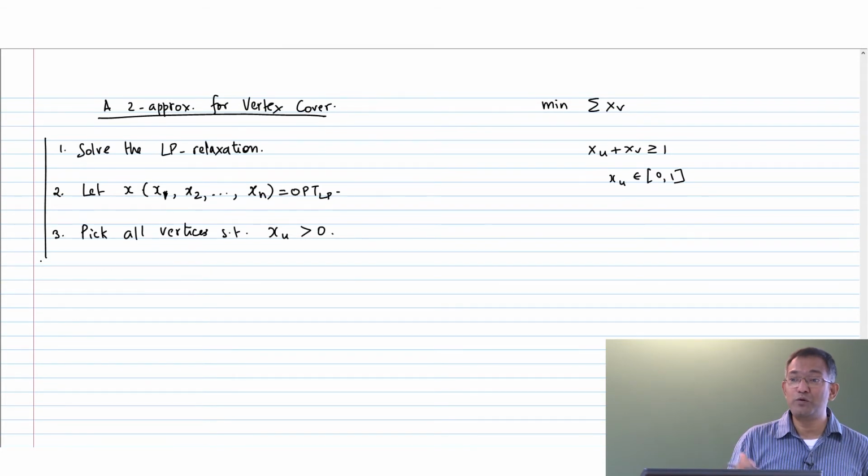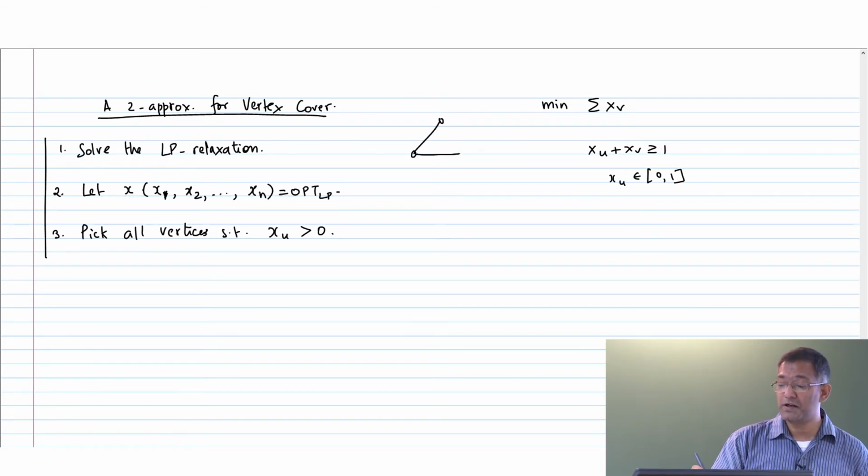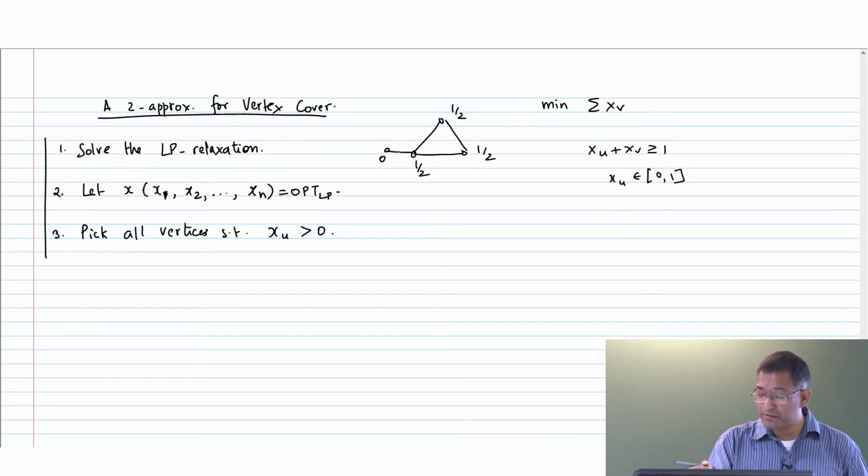I claim that you can't be too bad. No, the linear program can produce fractional values, right? So, for example, if you look at this triangle, the optimal solution to the linear program is assignment of value half to every vertex. Now it could be that if you had another vertex like this, the linear program gives a value 0 to this vertex. In this case, it is not feasible.